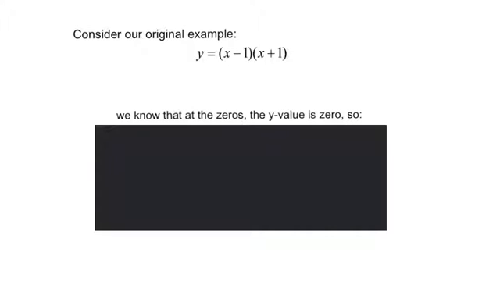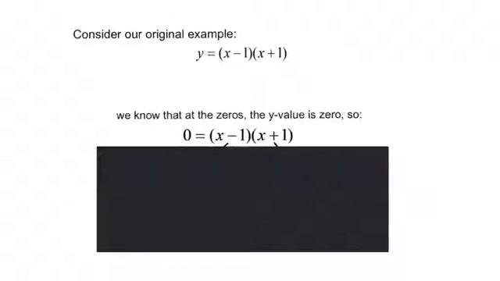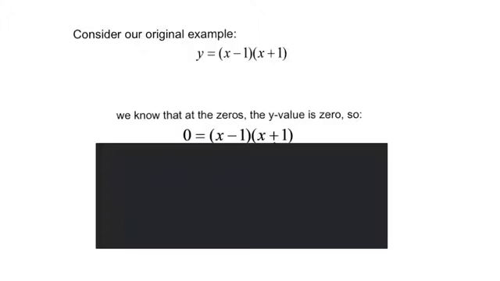So at the zeros, remember from the table of values? At the zeros, the y value is 0. So what I'm going to do is replace the y with a 0. So now I have 0 equals x minus 1 times x plus 1.